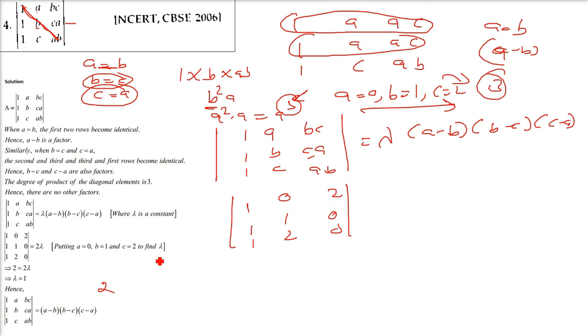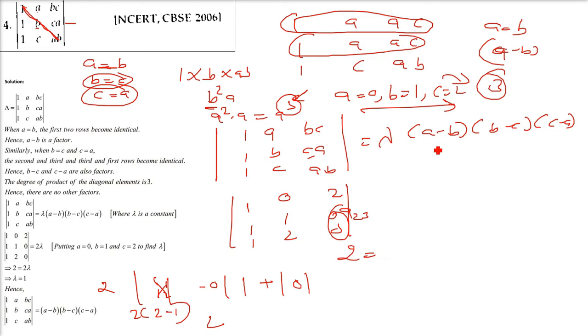So it will be plus 2, and what do you get inside? 1 1 1 2. This is minus, this is plus, but don't worry about minus plus here because it will be 0, but you have to write it actually. So now I'm opening with 2, so you get 1 1 1 2, 2 minus 1, and you get 1 into 2, that is going to be 2. So 2 on the left hand side.